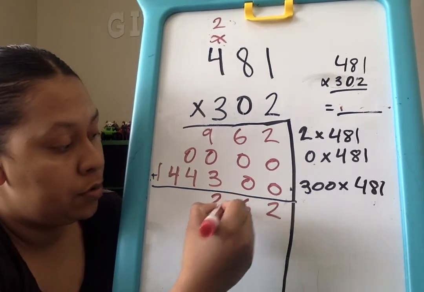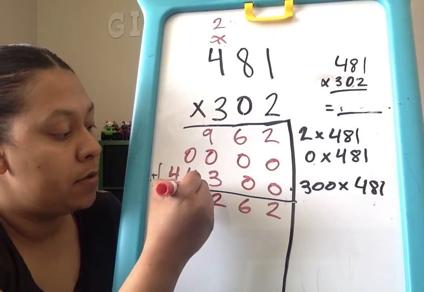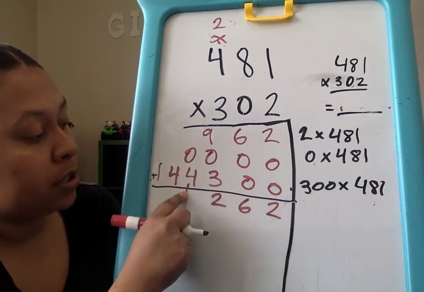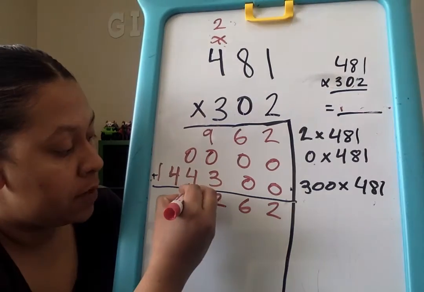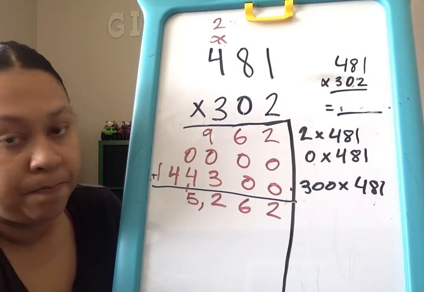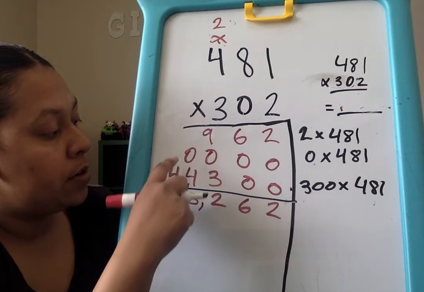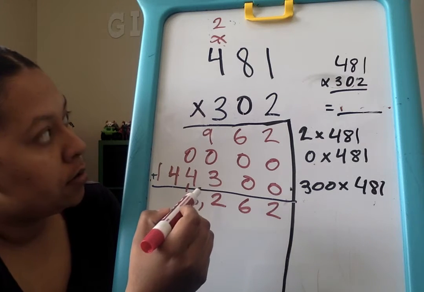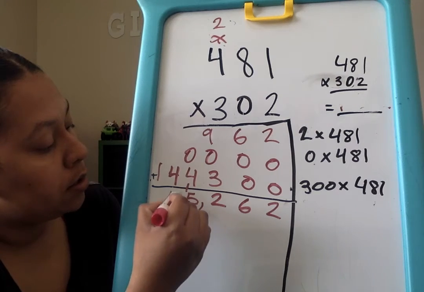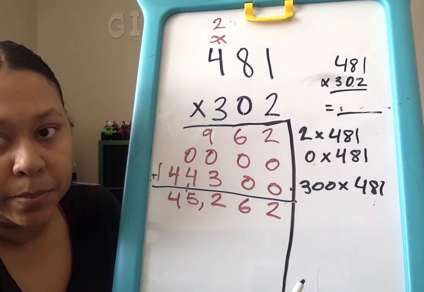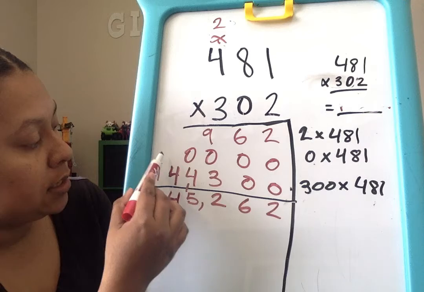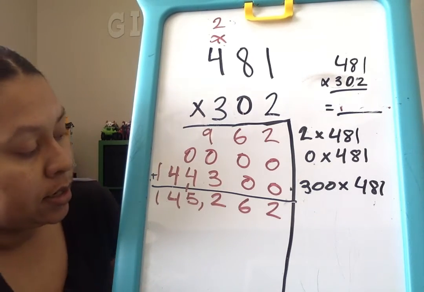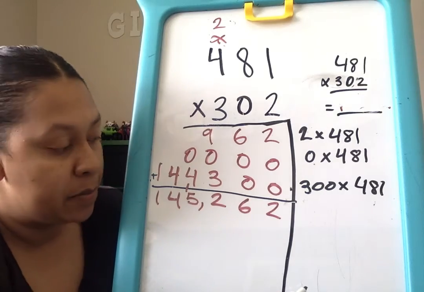So 2 in the 100 place, carry the 1, which I did right here. So 4 plus 1 is 5. So 5 in the 1,000 place. 0 plus 4, 4 in the 10,000 place. And then 0 plus 1, 1 in the 100,000 place.